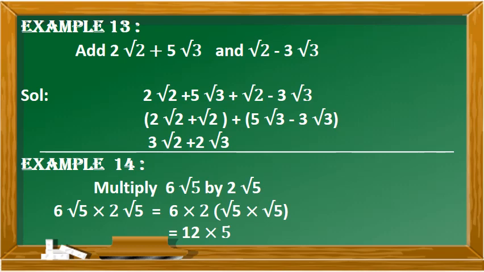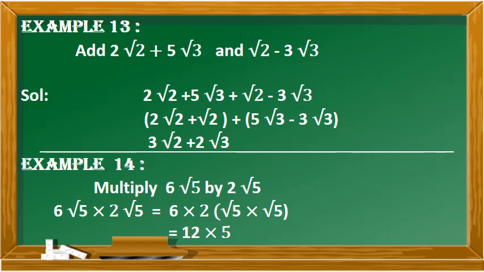So club those two, within the bracket you can write 2 root 2 plus root 2, plus the other two, 5 root 3 and 3 root 3, which are like terms, within another bracket: 5 root 3 minus 3 root 3. Now what will you get? 2 root 2 plus 1 root 2, sorry, 3 root 2, plus 5 root 3 minus 3 root 3. Subtract 5 minus 3. You will get 2 root 3.